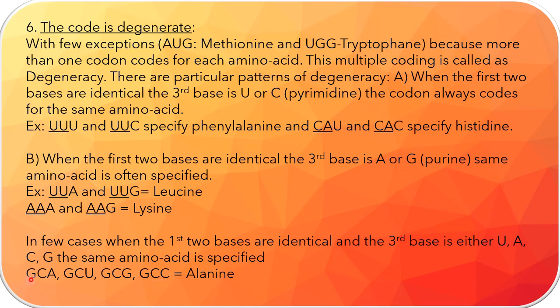So the first two bases, that is GC, here also GC, here also GC, here also GC. So the first two bases are identical and the third base can be anything, A, U, G or C. Then in all these cases it will code for alanine. So this is about the code being degenerate, that means multiple coding can happen.